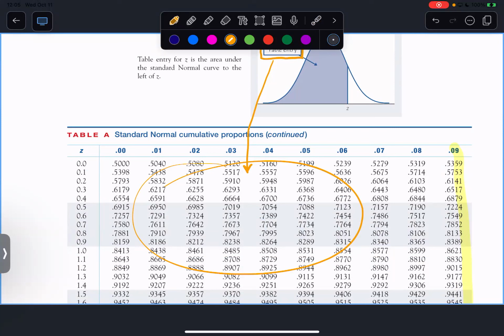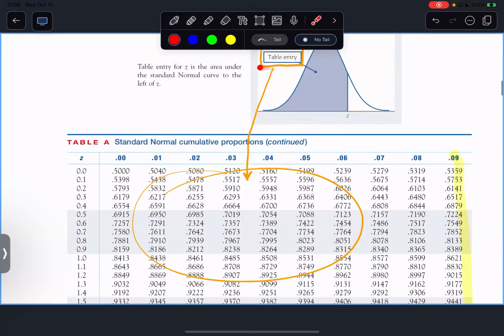So when I say table entry, I mean those probabilities or areas under the curve. So some Z-score that you feed it, it'll give you the area to the left. It even specifies more, but as you get more comfortable, these will be helpful, but right now they're probably maybe just overwhelming.